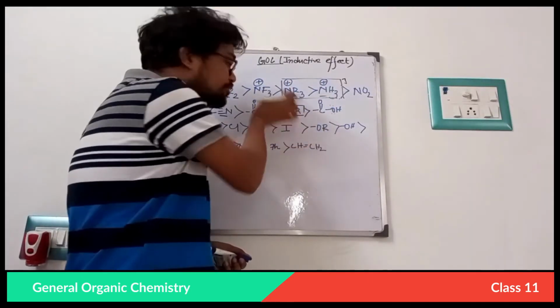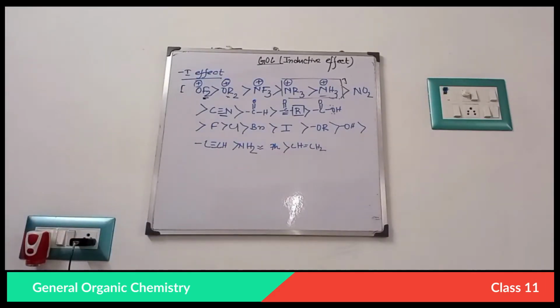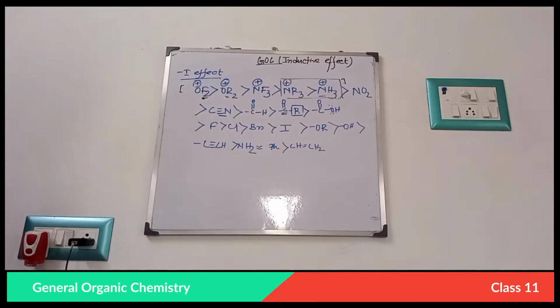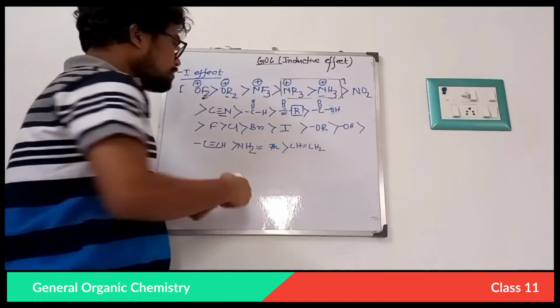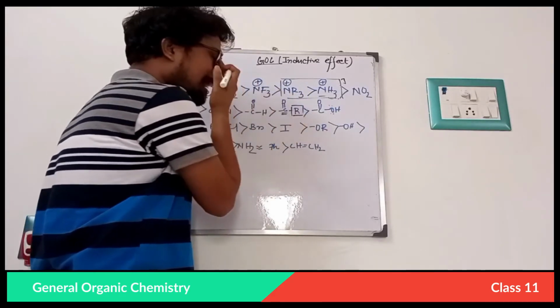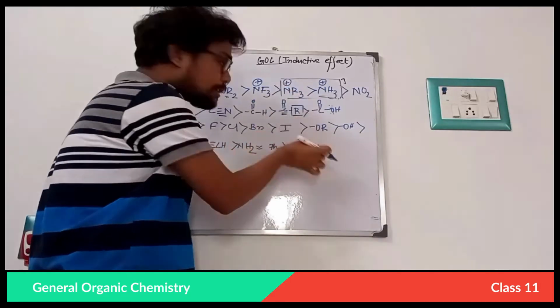So in case of ketone and aldehyde, the ketone carbon is less electron deficient because of the plus I effect of this R group.